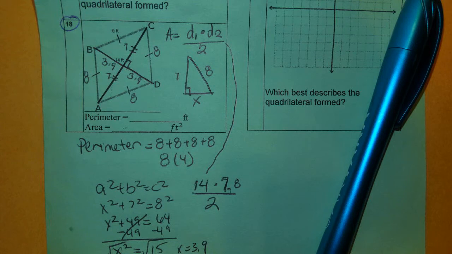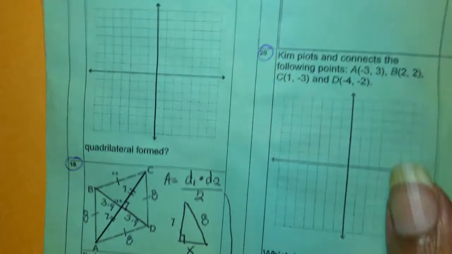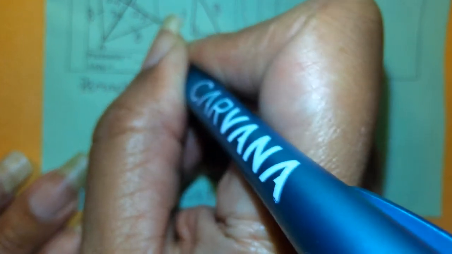I cannot take the bad news right now. All right, so we should get 54.6. So the perimeter would be 54.6.